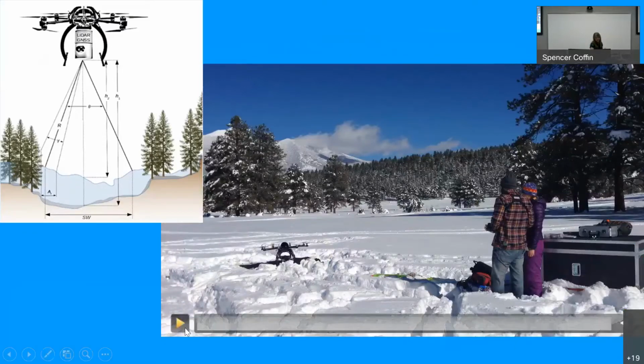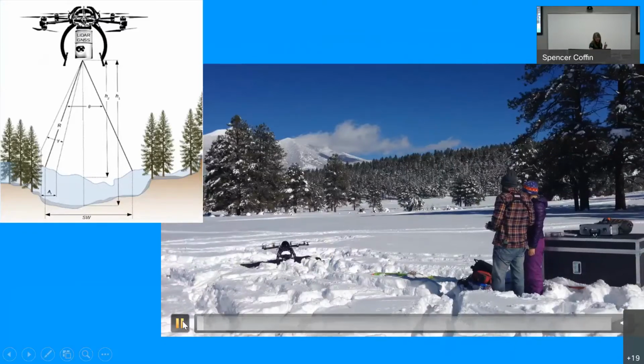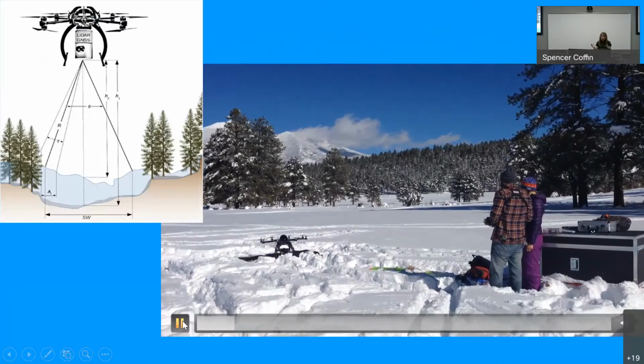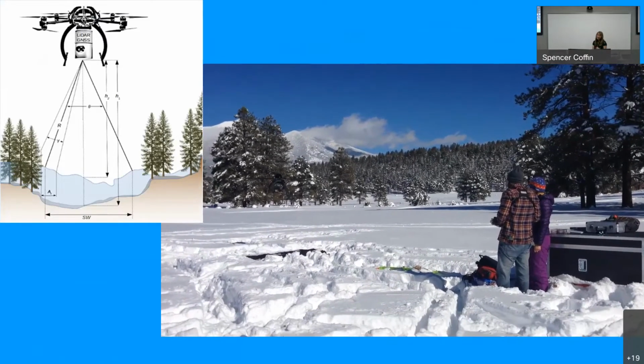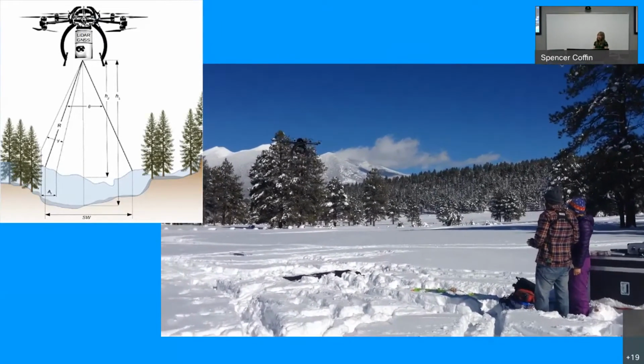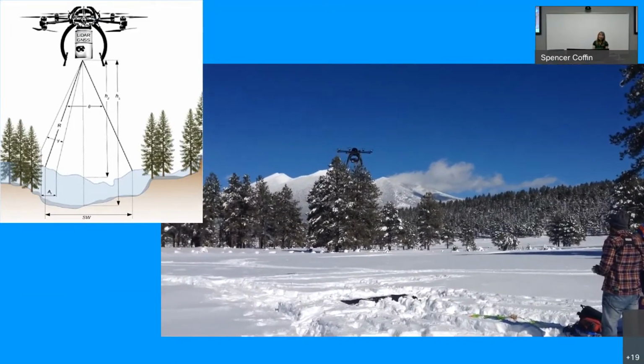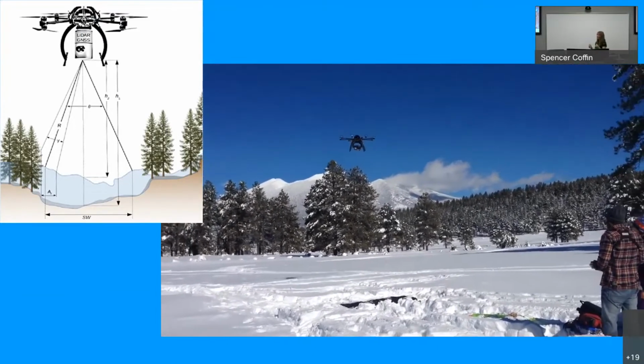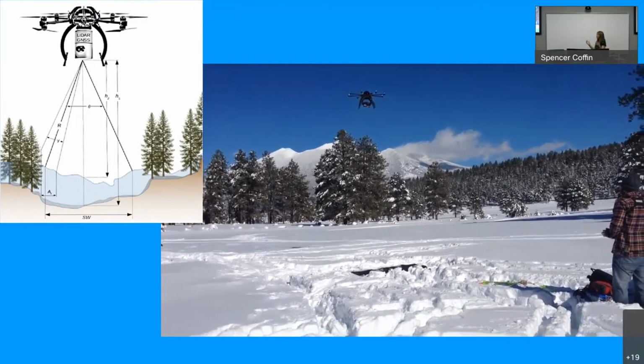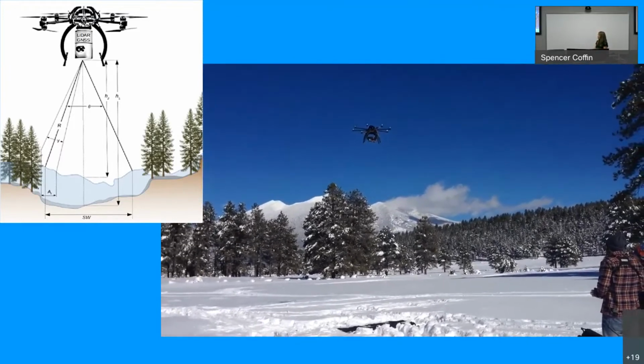Similarly, we need very, very accurate, high resolution digital elevation models if we are interested in snow measurements and figuring out how land management and forest management treatments are impacting snow distribution on the ground.